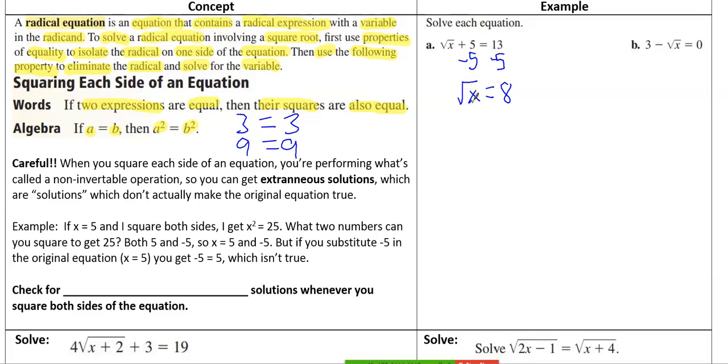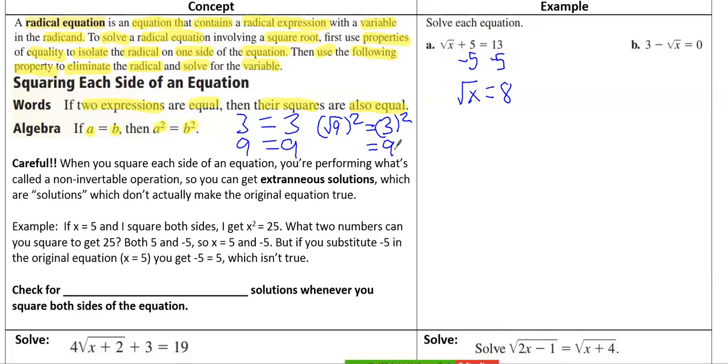If I square a radical, what happens? How about this? If I square the square root of 9, isn't that the same as 3 squared? Isn't that just 9?